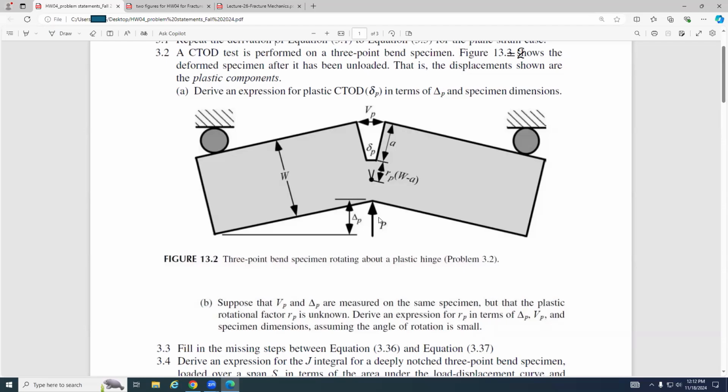We assume W, A, R, B, and RPB are all constant, so the increment of delta P equals the increment d VP multiplied by this factor.